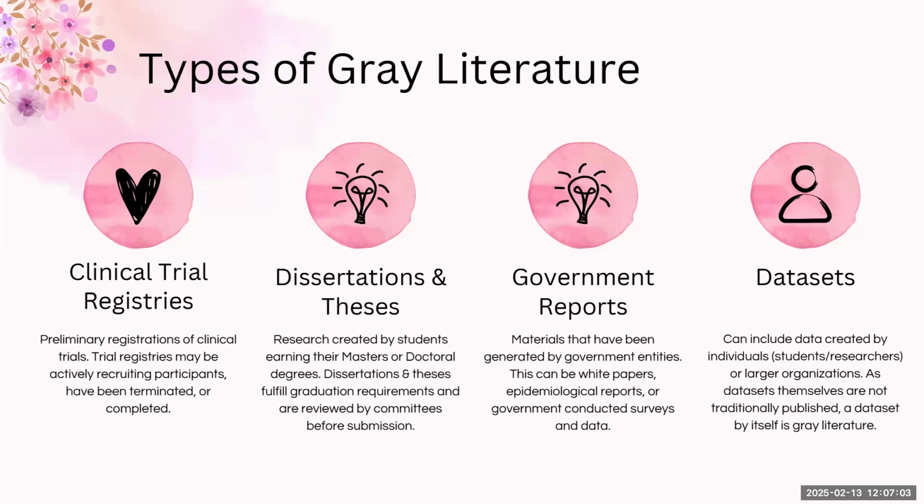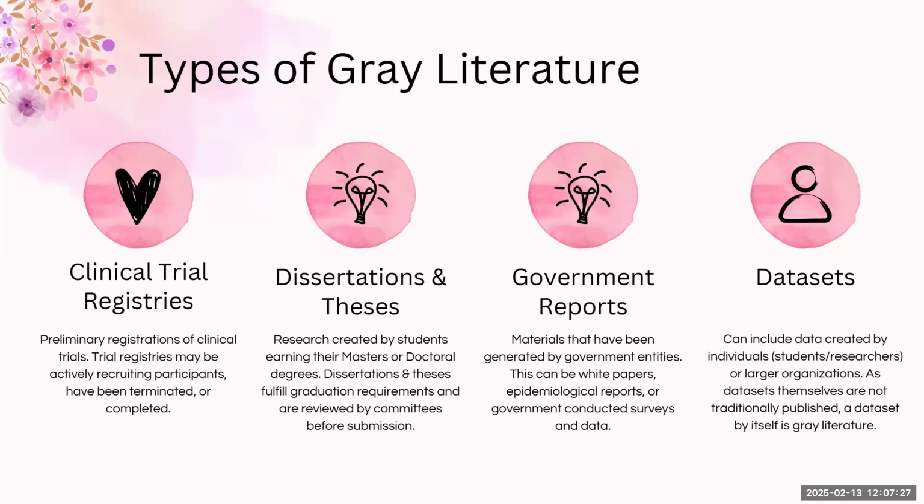These are just the ones we're going to cover today. But data sets are also considered gray literature if they are submitted outside of that published manuscript. So it's data that is created by individuals. Data sets usually are raw data in its rawest form. So a data set by itself is gray literature.